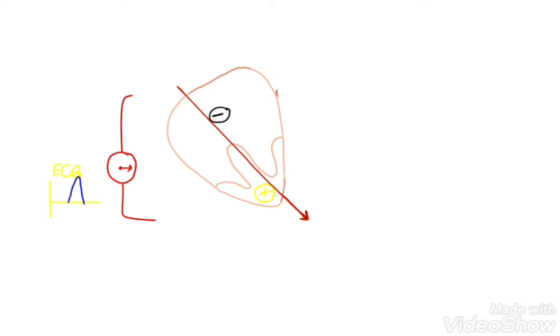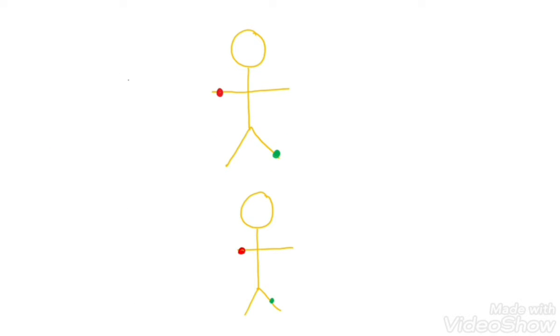Change their direction, as in positive attached at the upper end and negative at the lower end. Their axis becomes opposite to that of the cardiac axis, and so the deflection on the ECG is downward, which means a negative deflection.